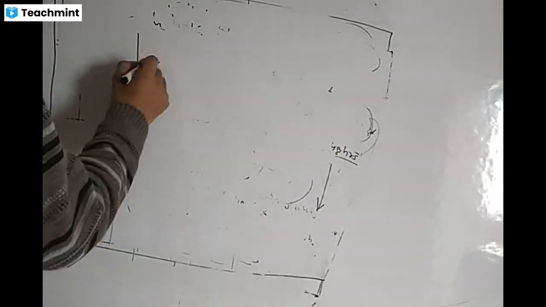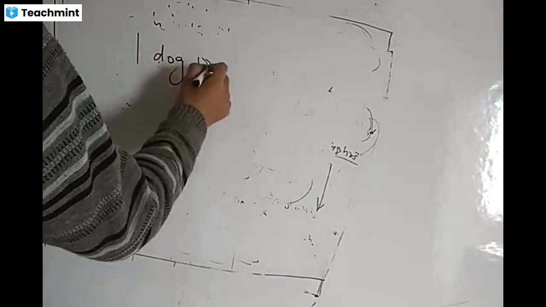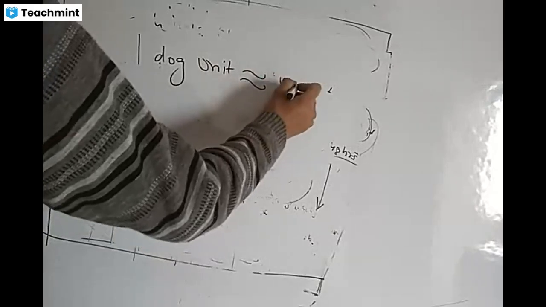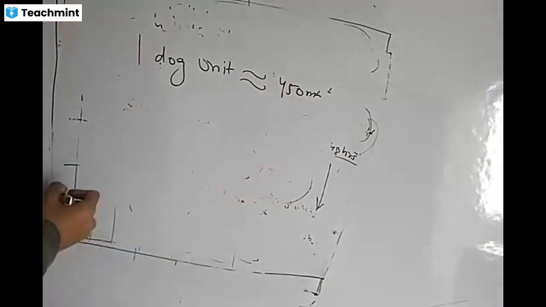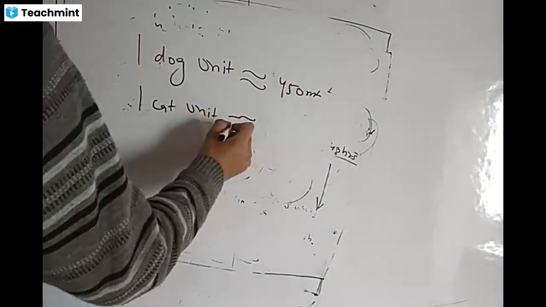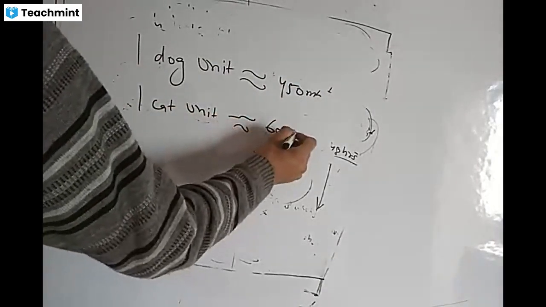Then with this whole blood, there are two MCQs. One dog unit equals how much volume? It is 450 ml. One cat unit is 60 ml.